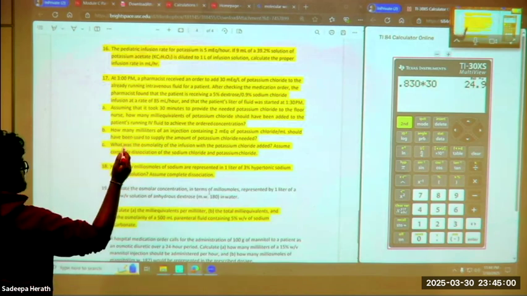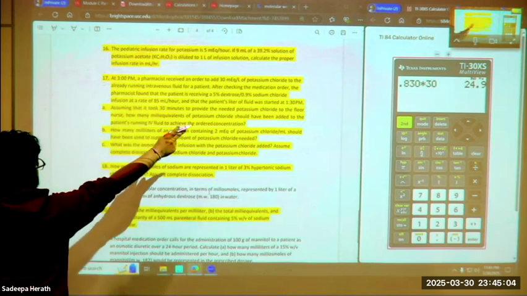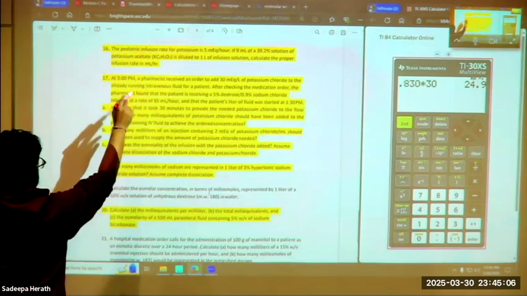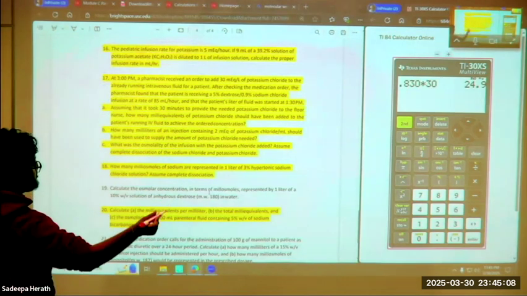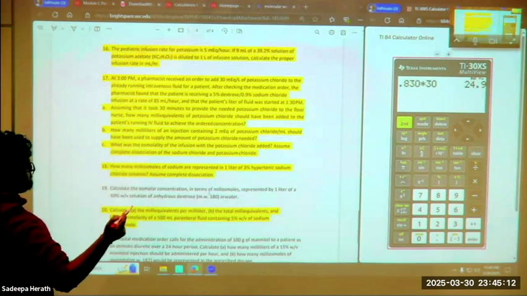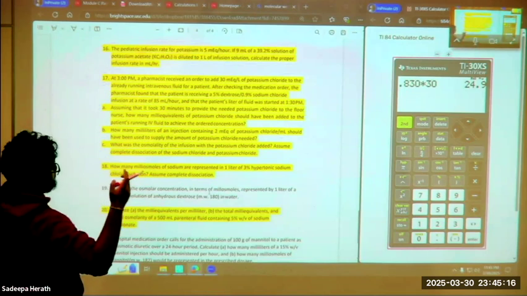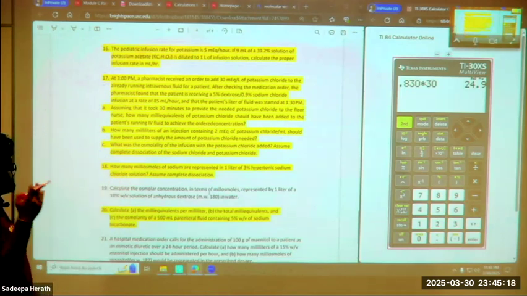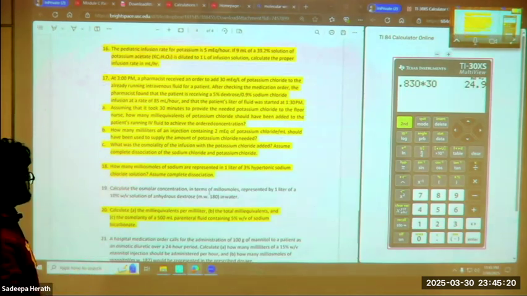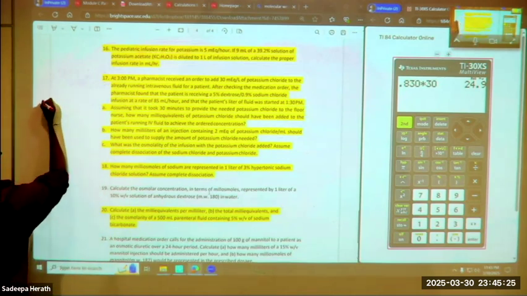So we said that it took about 2 hours, based off the 1.5 hours from 1:30, and then an extra 30 minutes to deliver it to the nurse. So it took 2 hours of the patient infusing from the original IV solution. So let's find out how many mLs that is.